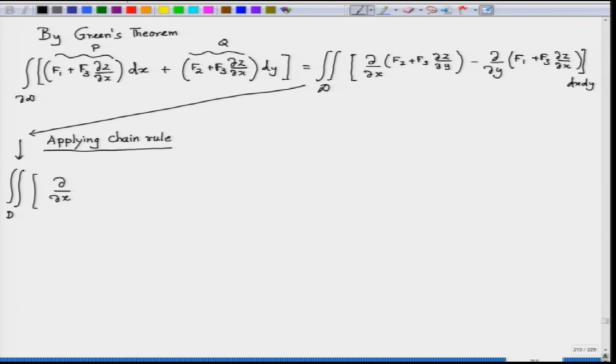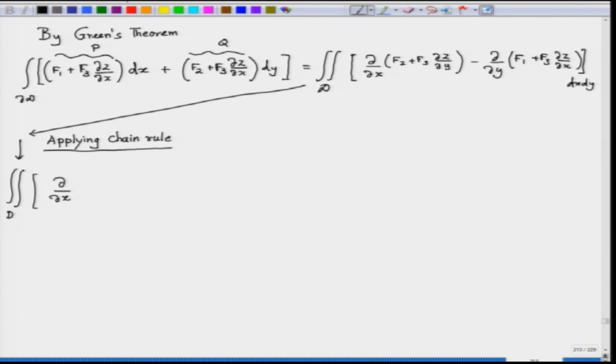You have to understand that f1, f2, f3 are functions of x, y, z, and z is a function of x, y. So when you write del x of f2, you really have to do the chain rule.